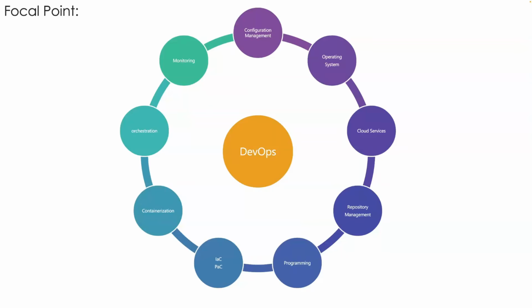Okay. In cloud service, we'll talk about Azure cloud. Now, again, in Azure Cloud, we are focusing on the services where my application will be deployed, such as Azure Kubernetes Service, Azure Container Registry, Azure Key Vault, Azure Storage Account, Azure Virtual Machines. So these are the services we will target.